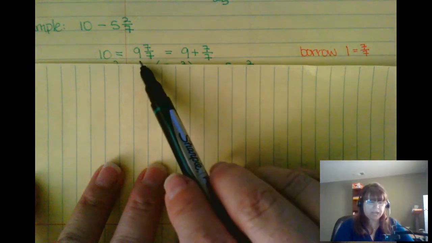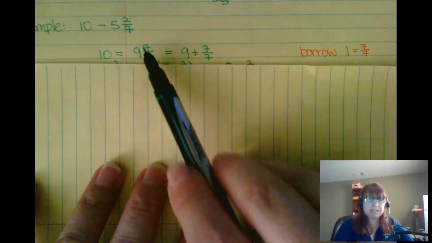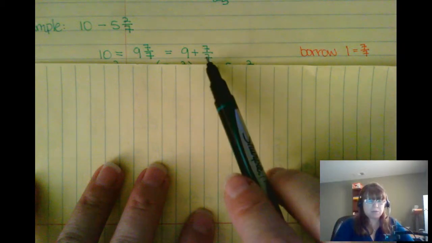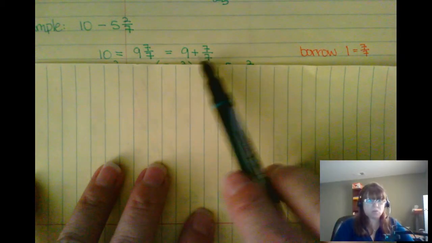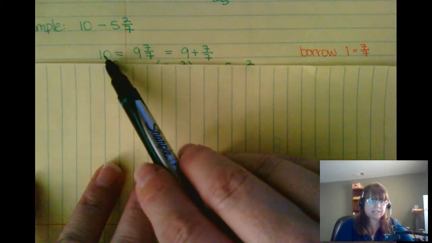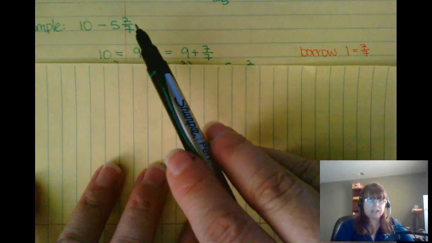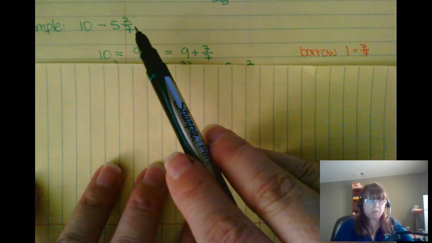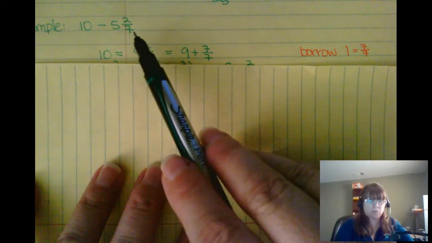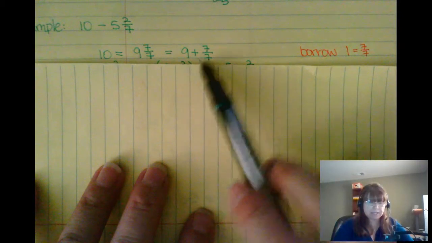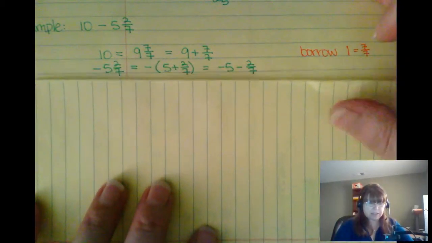And that will leave me 9 with 7/7. 9 plus 7/7. Remember, 7/7 is 1, and 9 plus 1 goes back to our 10. But because I have a whole number and a fraction, I know I'm going to need to borrow to handle the fraction portion. So I'm going to rewrite 10 as 9 plus 7/7.